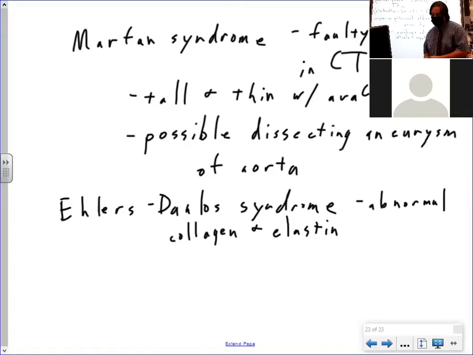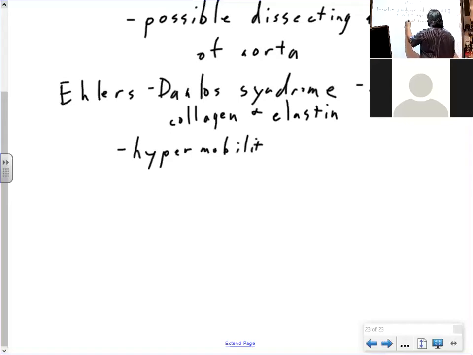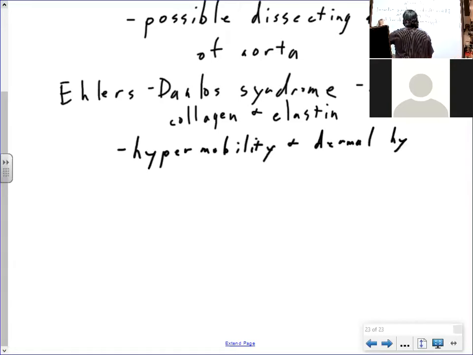And this is also an inherited trait, and it is characterized by hypermobility and dermal hyperelasticity. Hypermobility is exactly what it sounds like: take your fingers and move them in ways that you shouldn't.